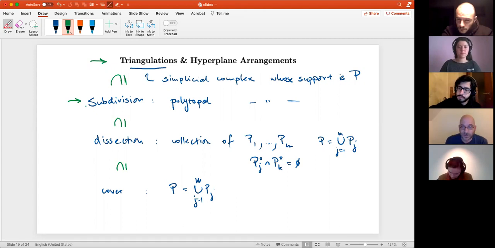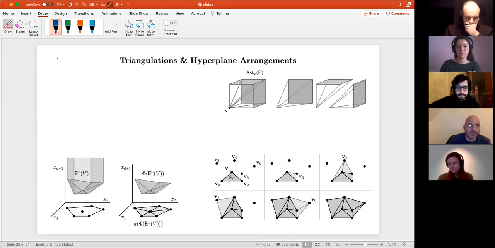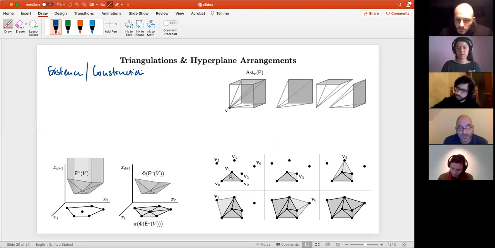Okay, so the first question is, can you always do that? So the question of existence slash construction. It's a non-trivial question. Give me any polytope in a crazy dimension.